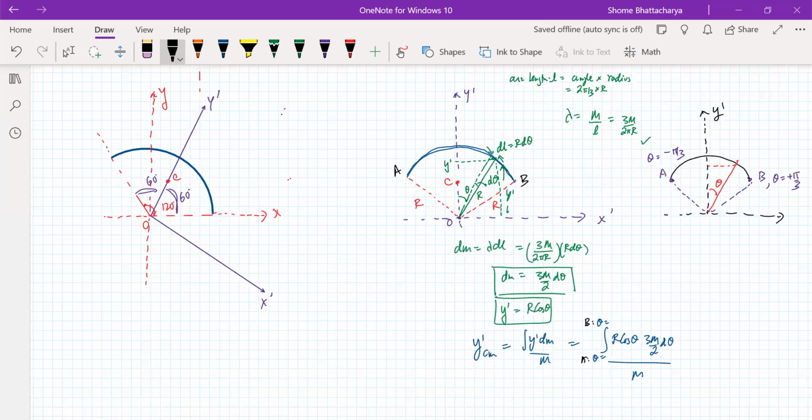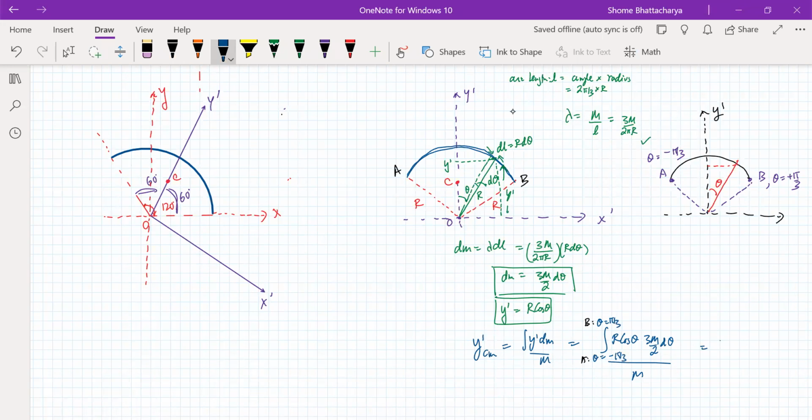Now, I hope this point is clear, people. So this is going from minus pi by 3 to pi by 3.